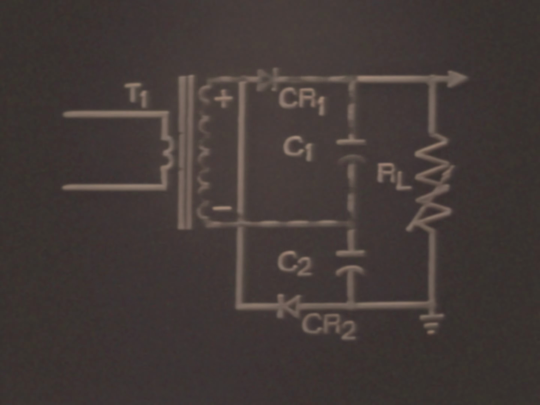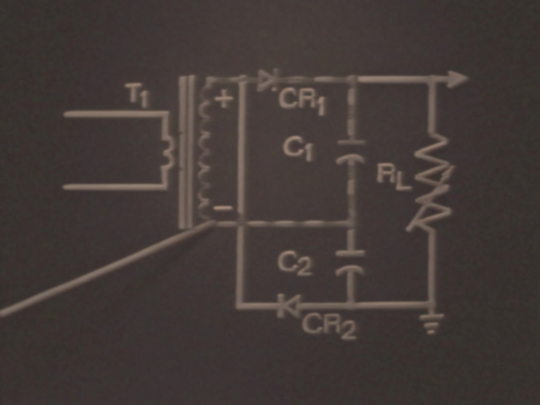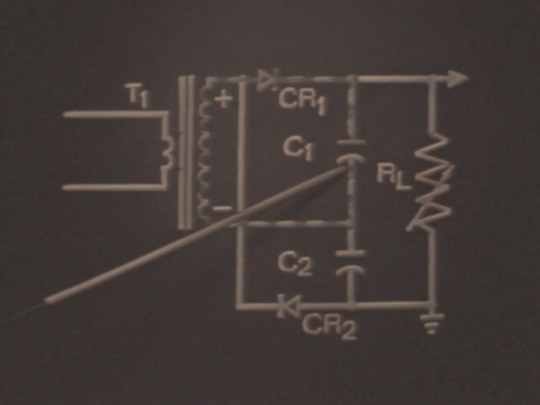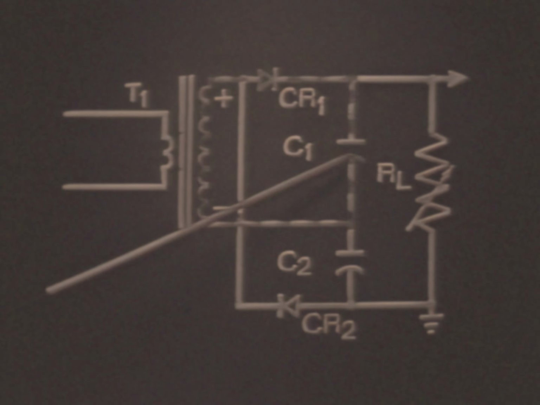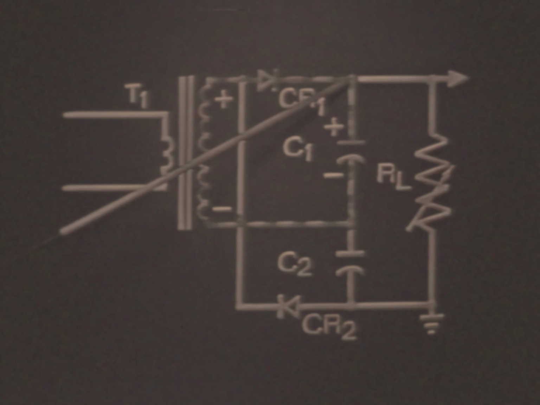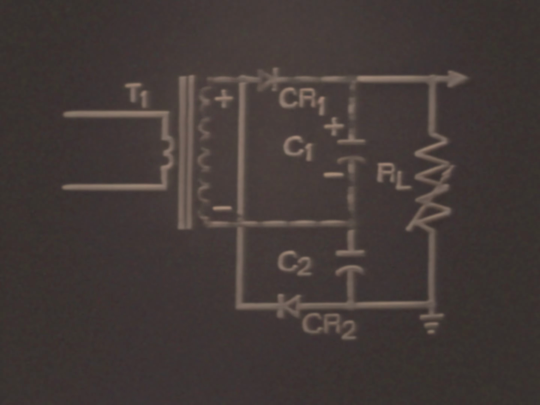Its conduction path is from the negative side of the transformer secondary across up through C1, charging C1 negative to positive. Now, through the conducting diode, CR1, back to the positive side of the transformer secondary. During conduction time, CR1 is effectively a short.